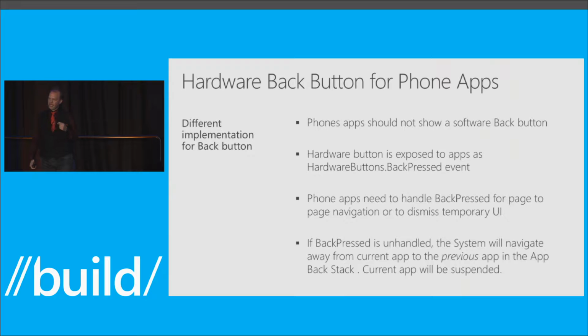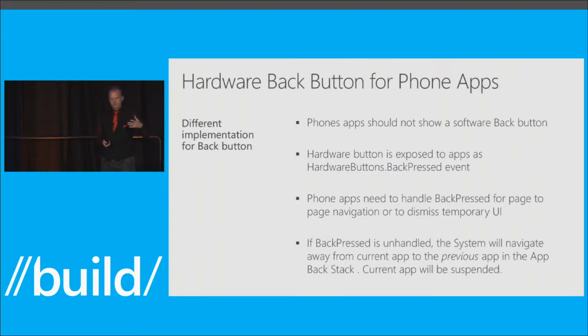They will behave the exact same way as an actual physical button on the phone. And that is that they expose a back-pressed event that the application needs to handle. So whenever the back button is pressed, this event is fired, and the application needs to take care of the logic of how to react when that message comes.